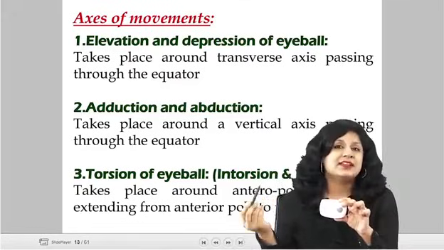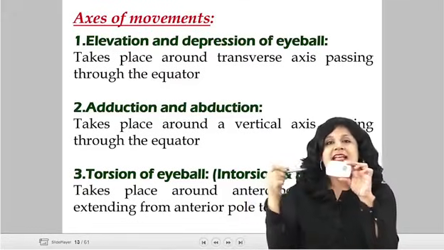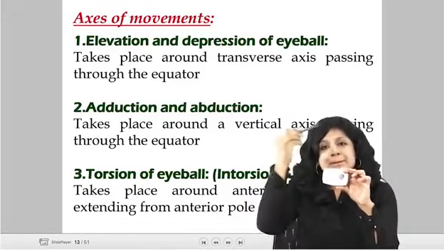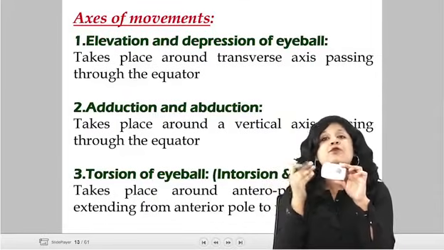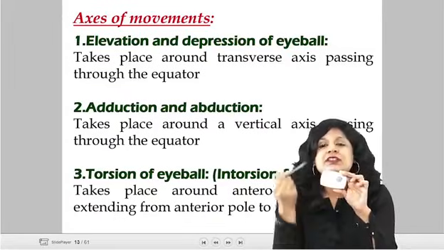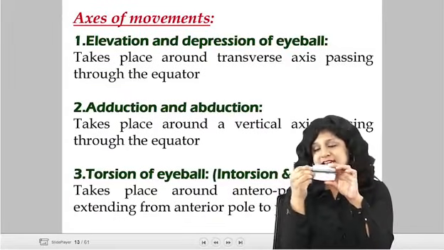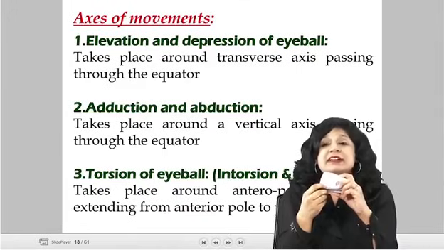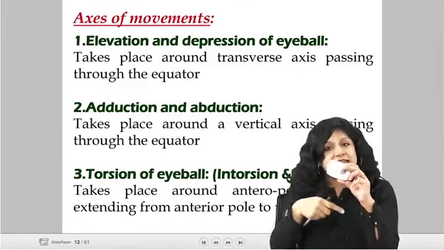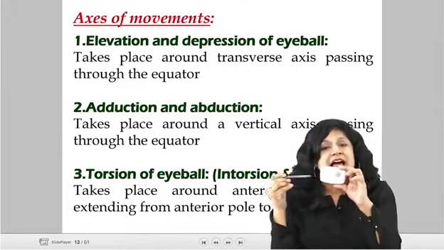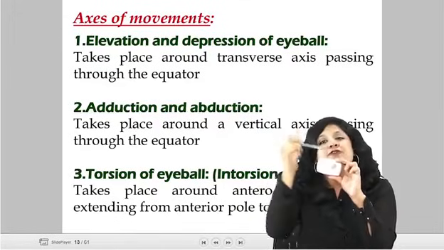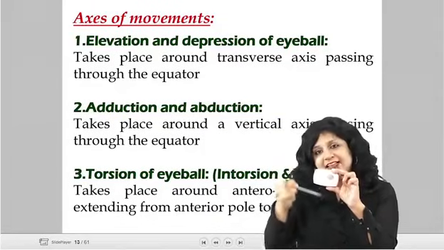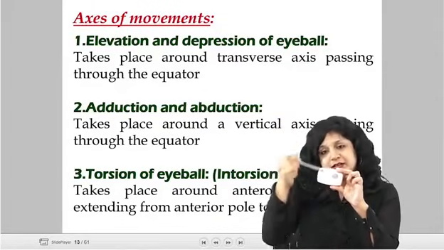See, there are two things. One thing is called the axis and one thing is the plane. The movement takes place around the axis, around this transverse axis, but the movement takes place in the plane. So it takes place around this transverse axis in the vertical plane, that is elevation and depression.